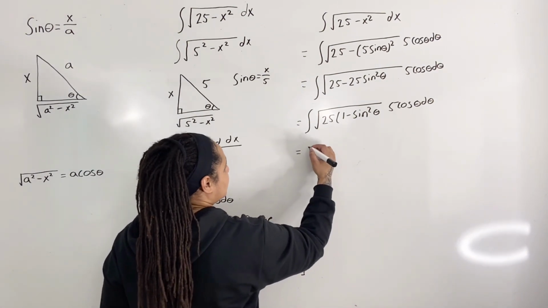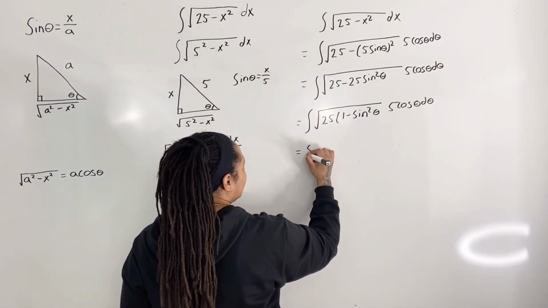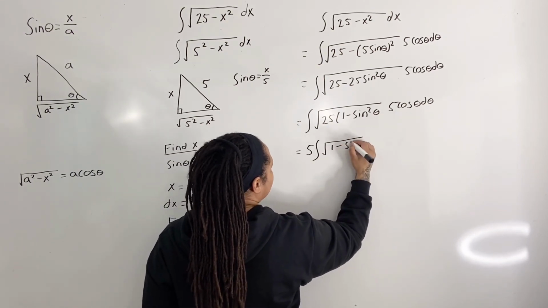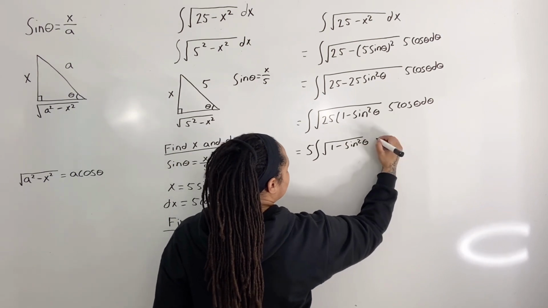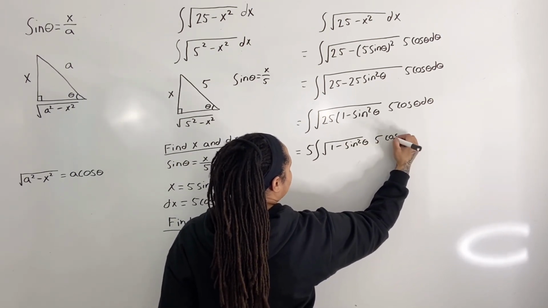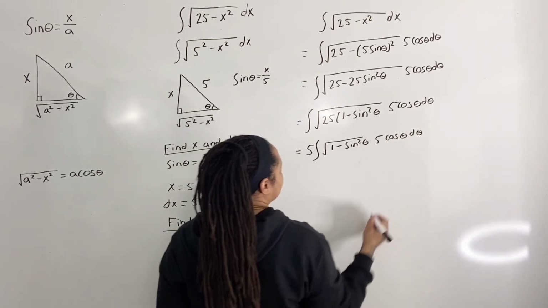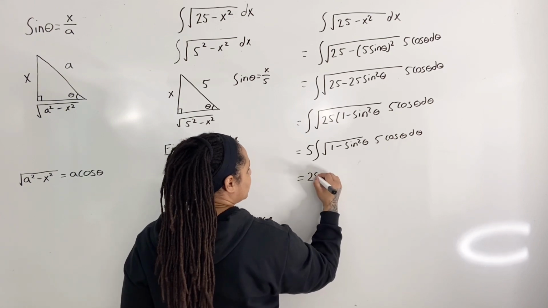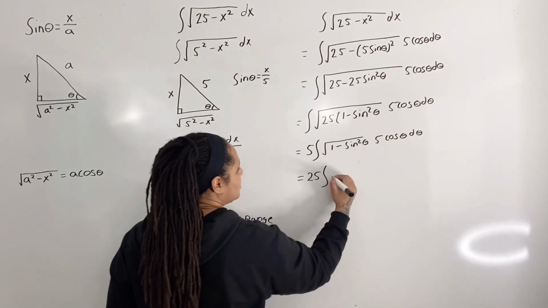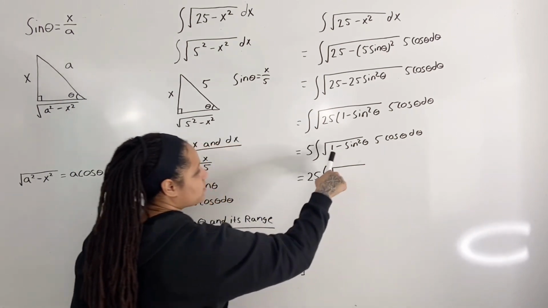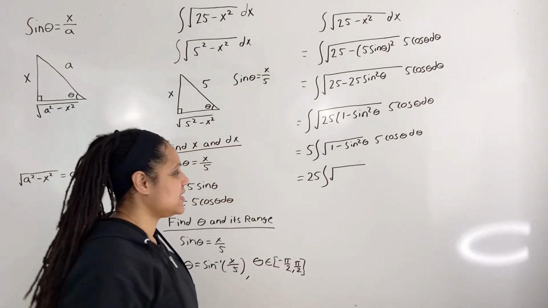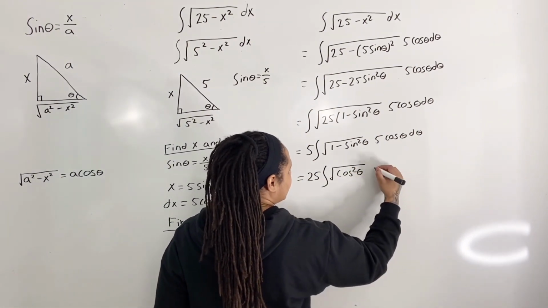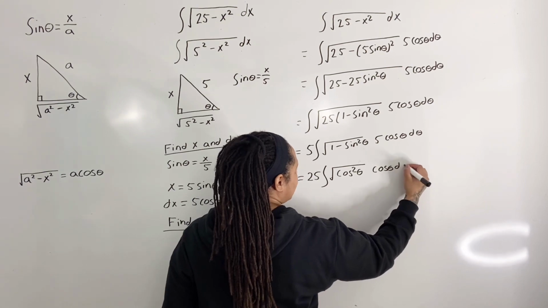So this will become 5 times the integral of the square root of 1 minus sine squared theta times 5 cosine of theta d theta. And multiplying 5 and 5, we get that this is equal to 25 times the integral of the square root of, and 1 minus sine squared theta is cosine squared theta, and we multiply that by cosine of theta d theta.